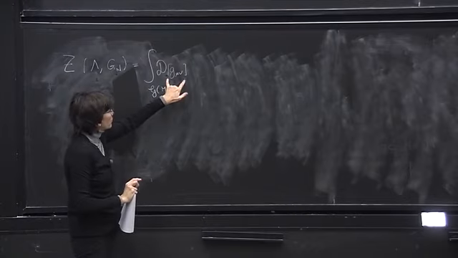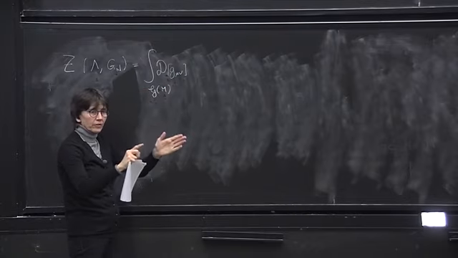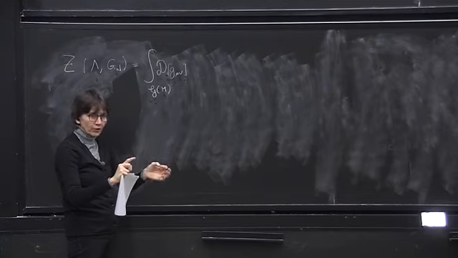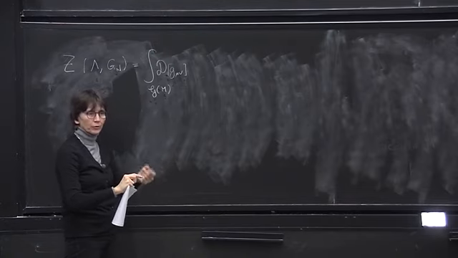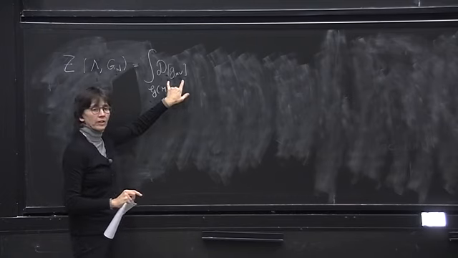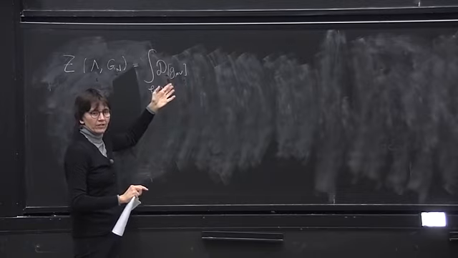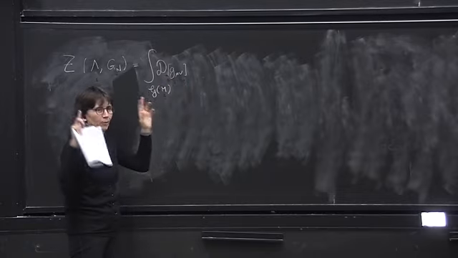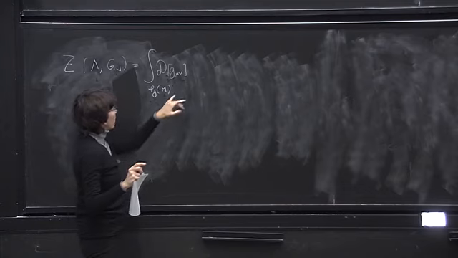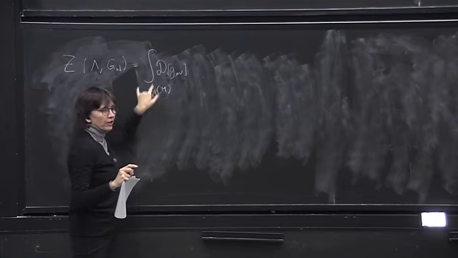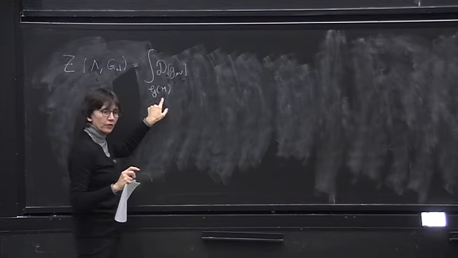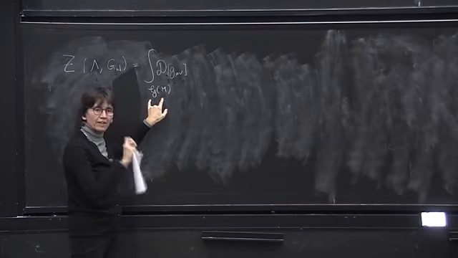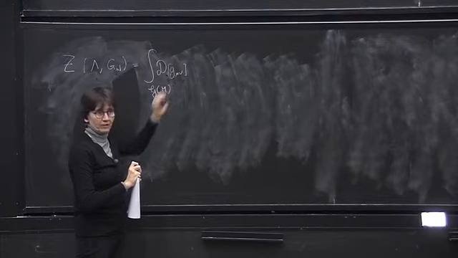What an object G mu nu with square brackets means is an equivalence class of metrics under the action of the symmetry group, the group of diffeomorphisms that still acts in a non-trivial way on the G mu nus. So this just indicates that we have already quotiented out by this freedom, and we are sitting on a space where you integrate over each inequivalent geometry exactly once. So that's the idea of the path integral.